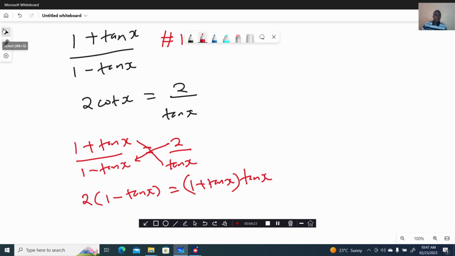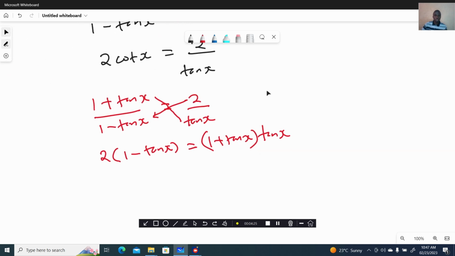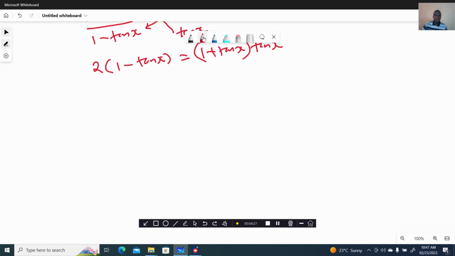This is going to give us 2 minus 2 tan x equal to tan x plus tan squared x.